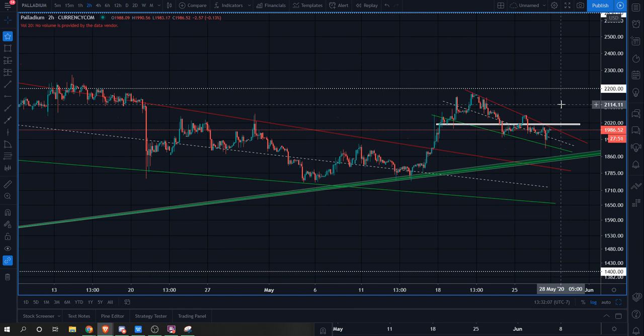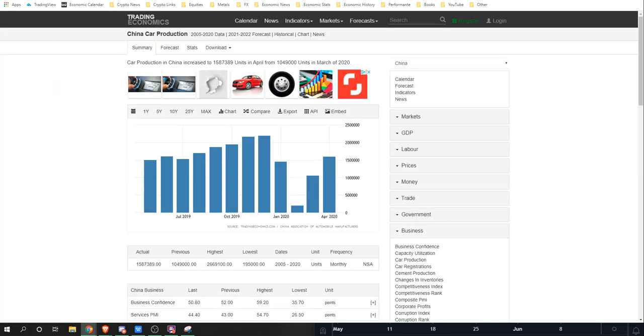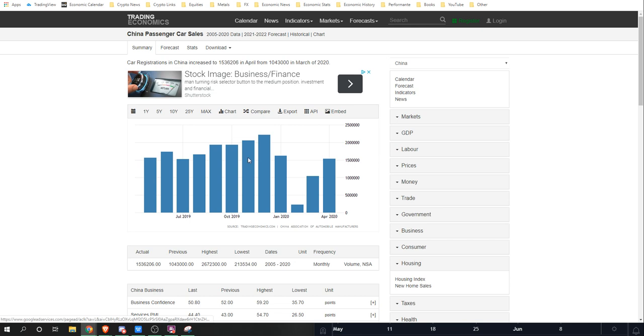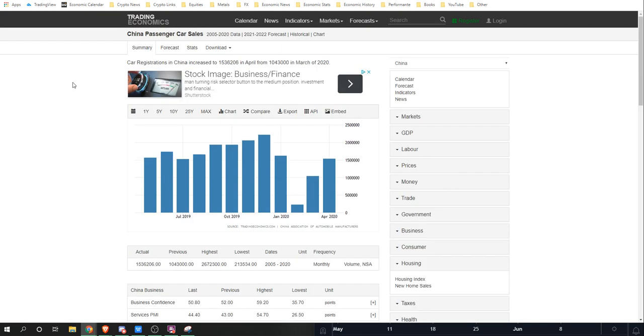There are some contradicting factors that are still in play, like the vehicle sales for heavyweight trucks in the United States, but also we do see that the Chinese production of vehicles and the Chinese sale of vehicles is increasing pretty aggressively. So there are some contradicting fundamental factors that do play a part in the fundamental analysis of this potential trade.